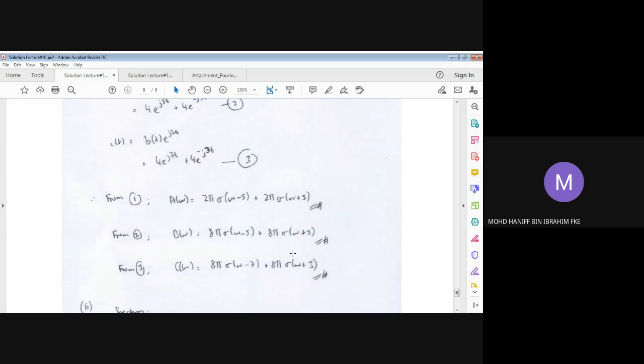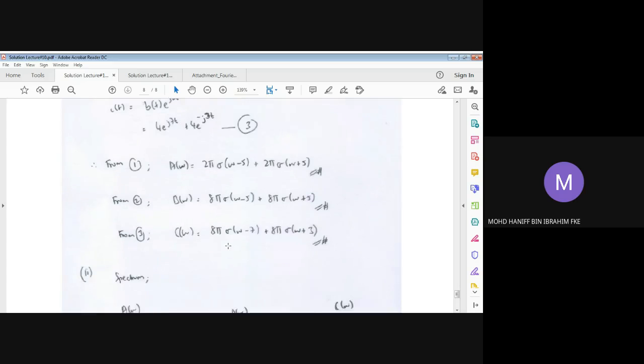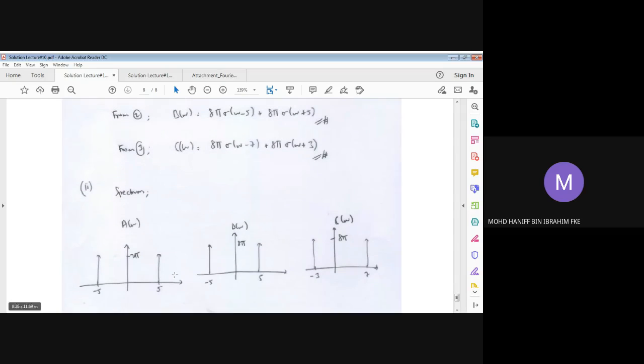Now the second question is to find the spectrum of these three Fourier transform equations. Again it is straightforward because from this answer, the spectrum is basically impulses. For A(omega), we have 2 pi amplitude and 2 impulses at -5 and +5.